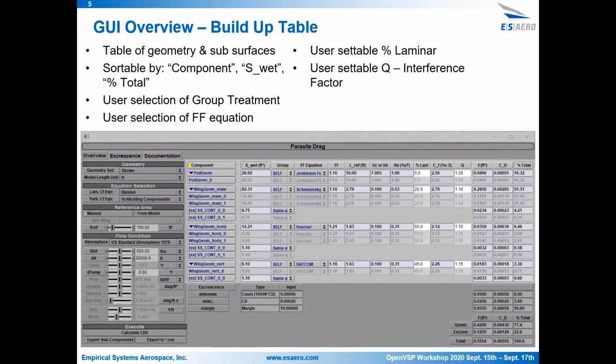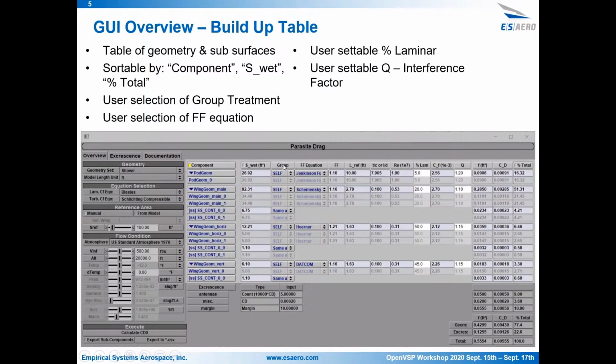The buildup table here on the right gives you a summary of all of the geoms that you have in the selected geometry set, and then their buildup to the right. You can sort it by component, by wetted area, and by percent total.